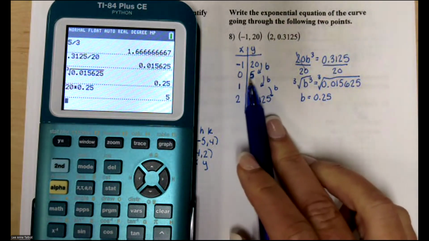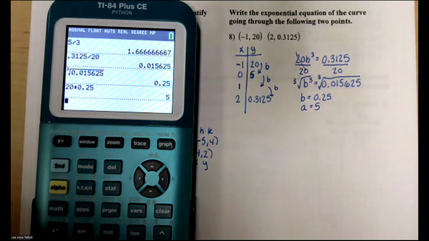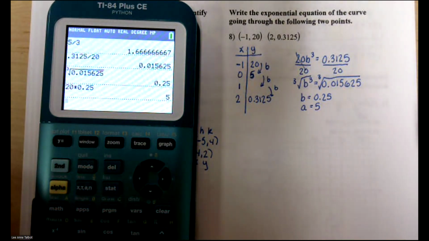Okay, so find A. A is whatever the start is next to 0.